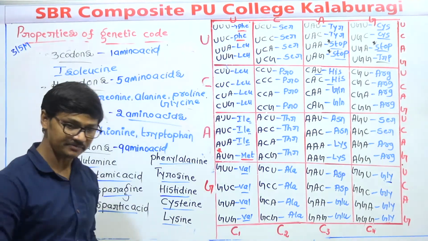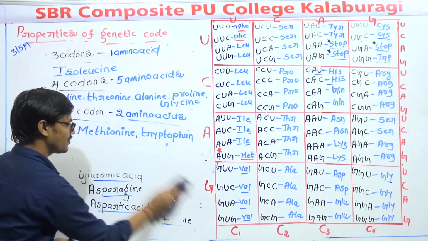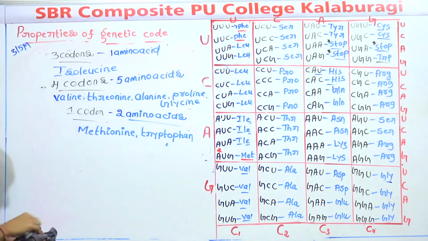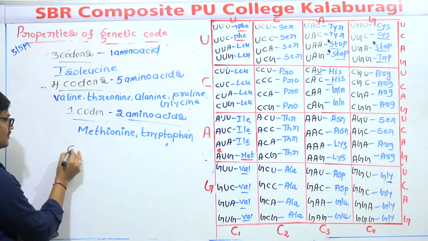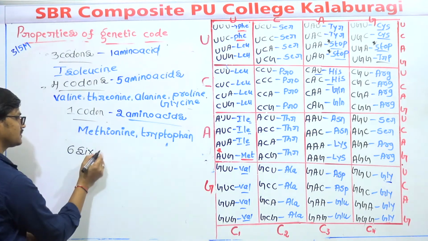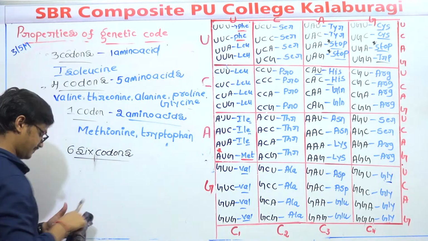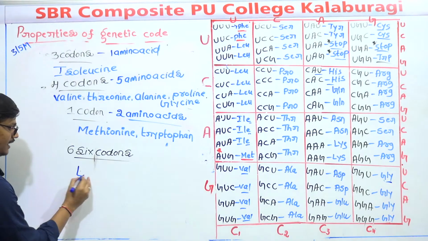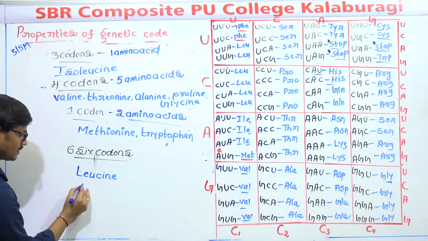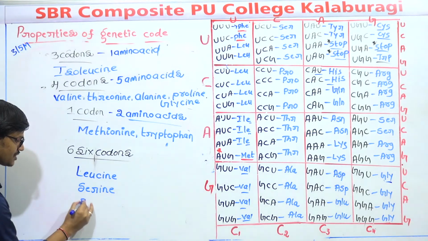And even there are some amino acids which are having 6 codons. So what are the examples for amino acids which are having 6 codons? Leucine, serine, arginine.